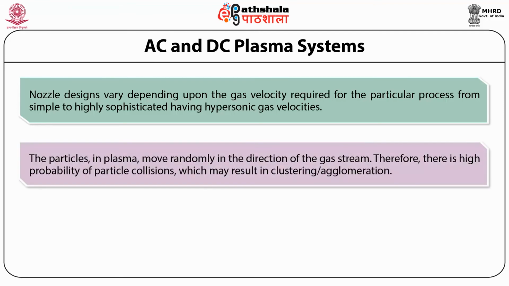The particles in plasma move randomly in the direction of the gas stream. Therefore, there is high probability of particle collisions, which may result in clustering or agglomeration.